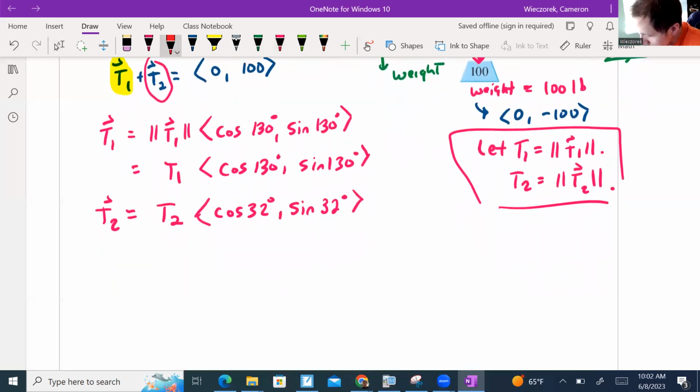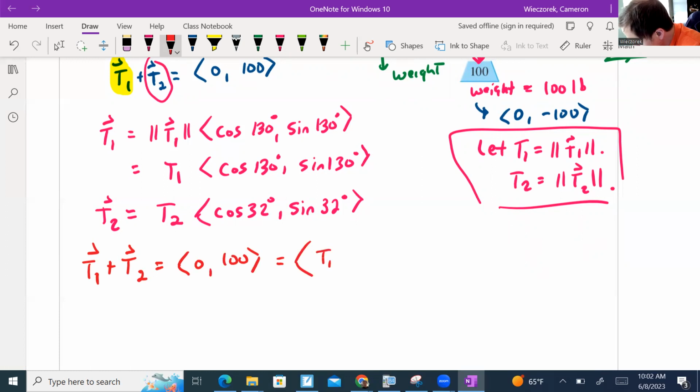Okay. We need to find the tension in both wires, and we need to find the magnitude of those tensions. So now we can add these together. I know the resulting force, T1 plus T2, counteracts that weight, and we said it's going to have component form 0, 100. But that's going to have to equal the individual components added together. So we're going to have T1 cosine of 130 plus T2 cosine of 32.